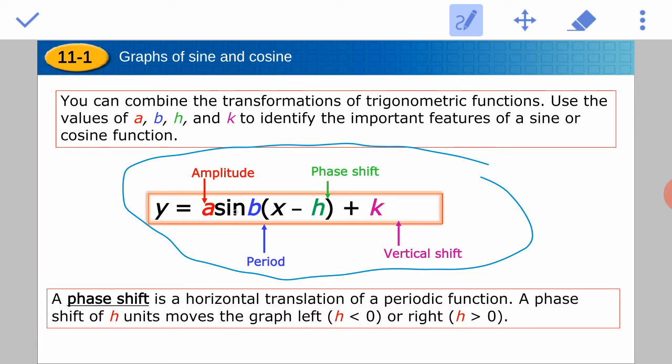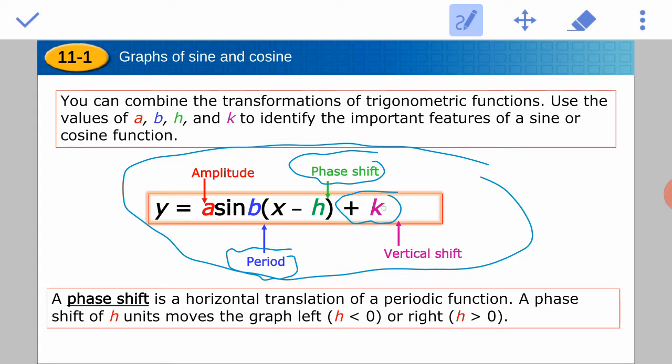B, this coefficient in front of x, affects the horizontal stretch or compression, and it also affects the period, the length of the cycle. This H is called horizontal shift or phase shift, and this added constant is called vertical shift.